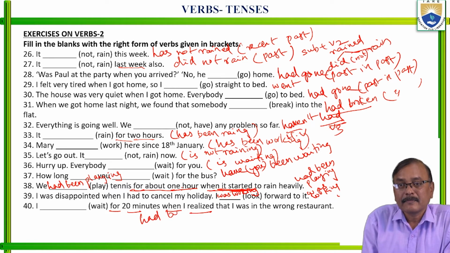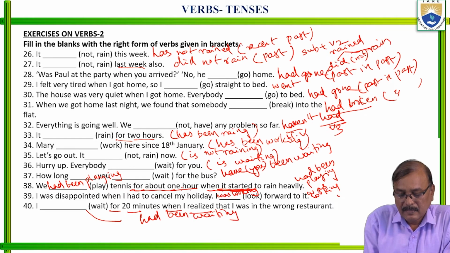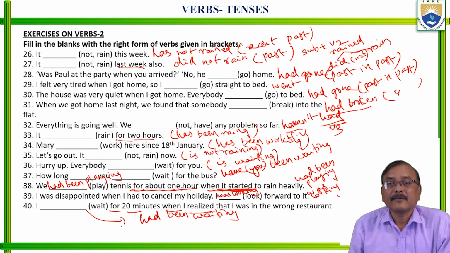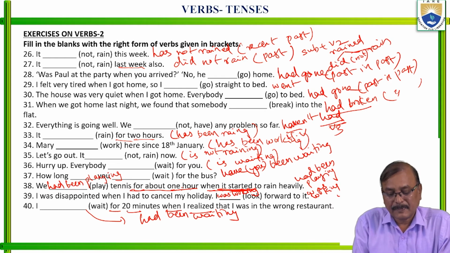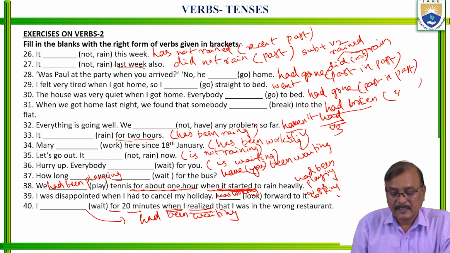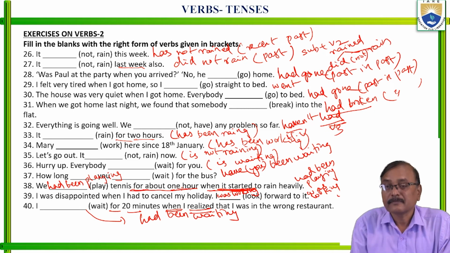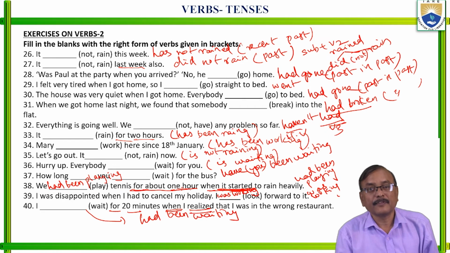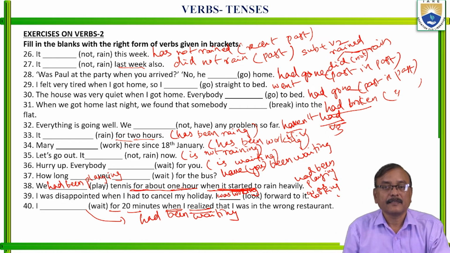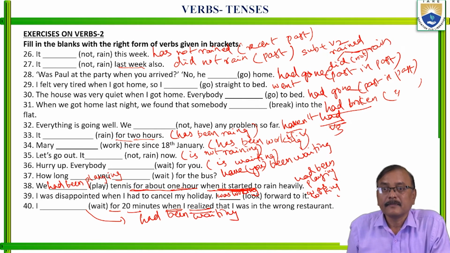I had been waiting for 20 minutes when I realized that I was in a wrong restaurant. How do you identify? For plus time by past, perfect continuous tense. Here also, for plus time plus past, before past. Is it clear? Right.